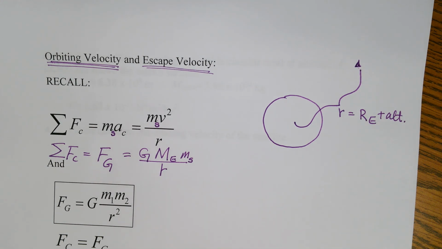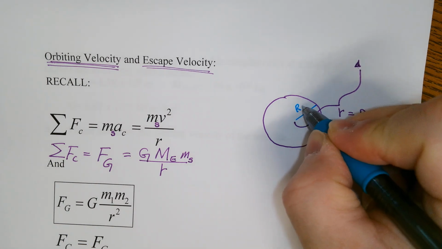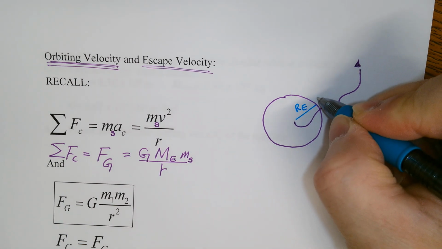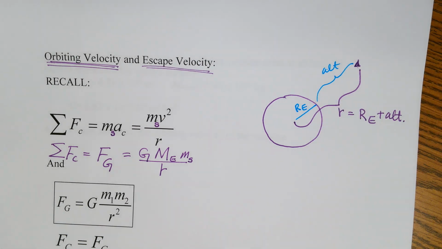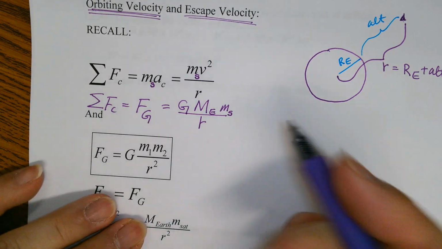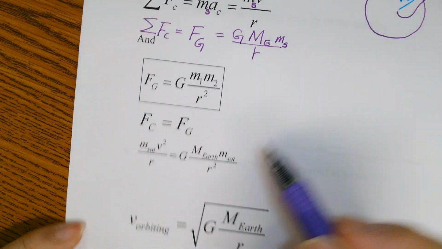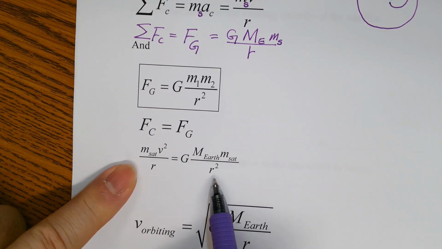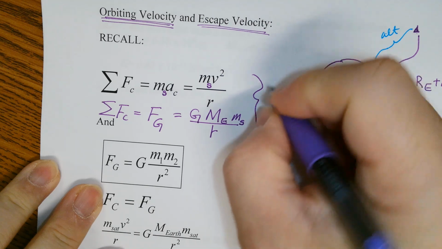So here's the radius of the Earth, and here's the altitude. Since we can set these equal to each other, this is what we get.